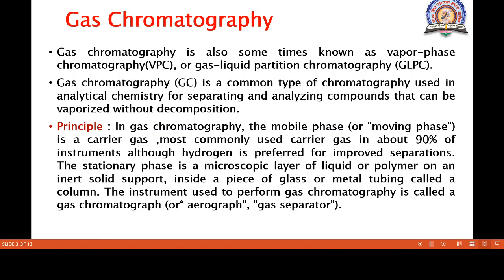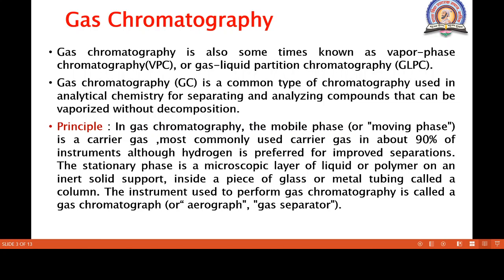Student, if anyone asks you what is gas chromatography, then you must tell this definition. So simply it is a separation technique, and we also analyze the compounds.